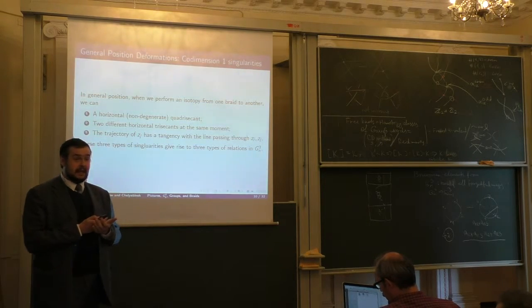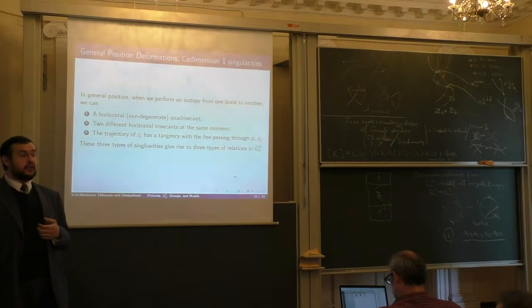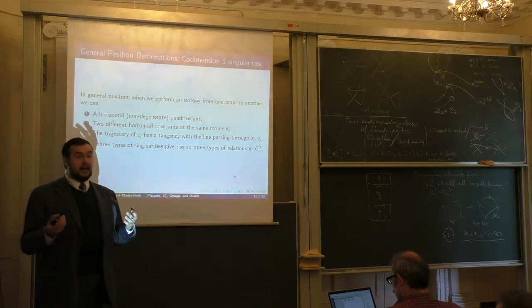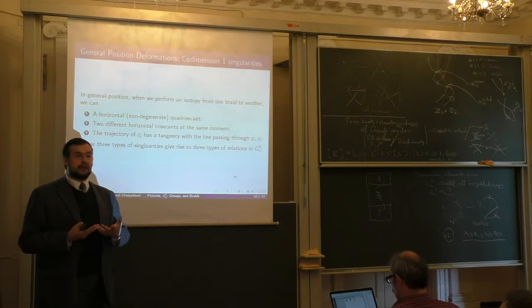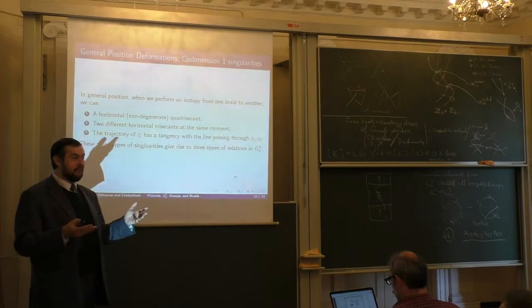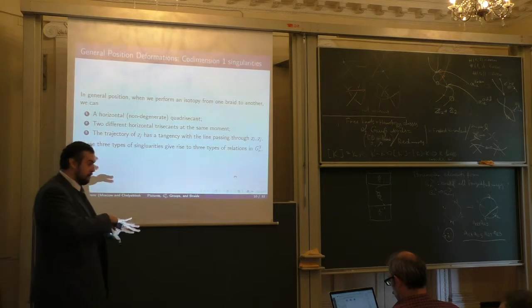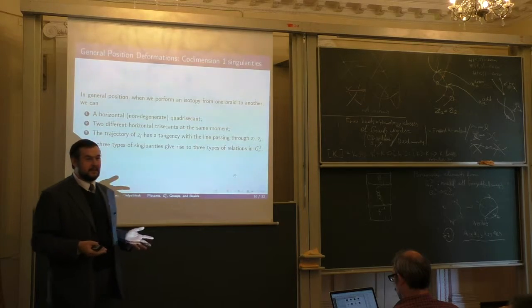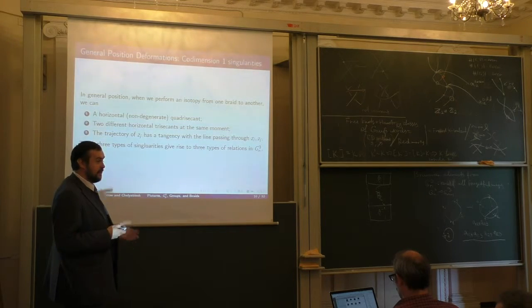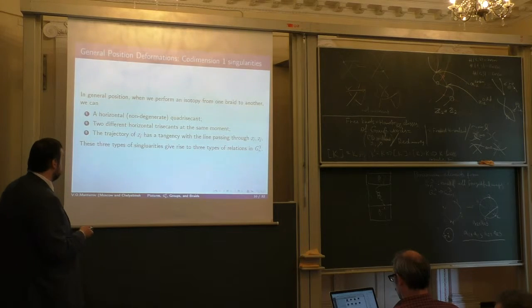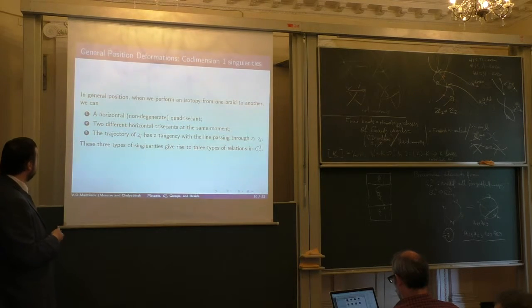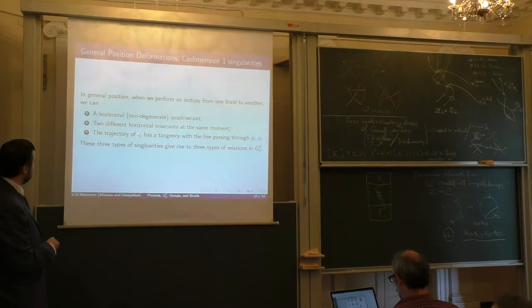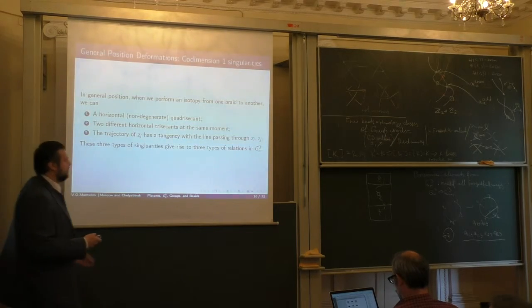These two trisecants can be, for example, 1, 2, 3 and 1, 4, 5. They can share a point, but not two points. So we can have the situation when 1 belongs to two trisecants simultaneously, and this also relates to the respective relation. And also it may happen that the trajectory of z_k has a tangency point with the line passing through z_i, z_j.